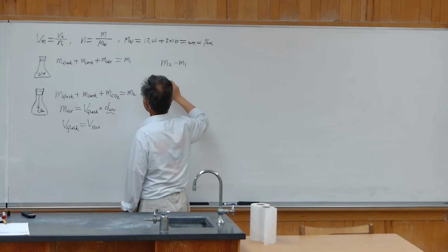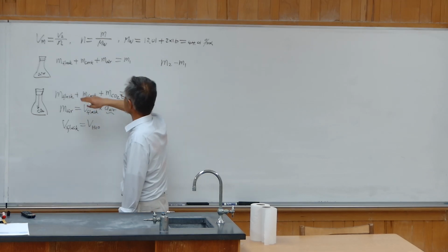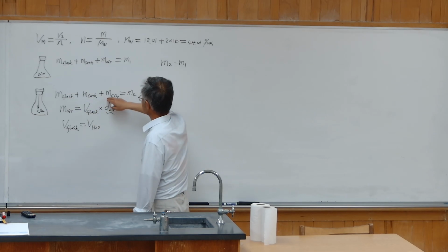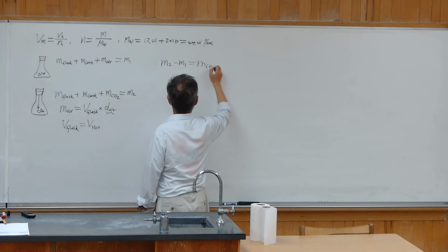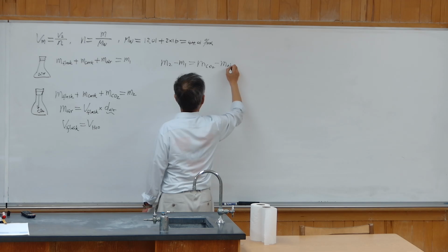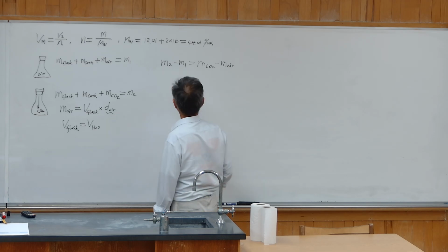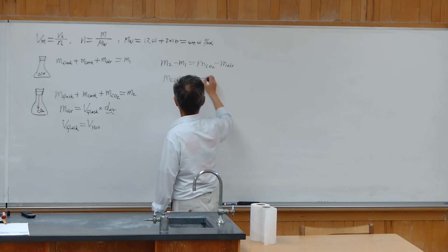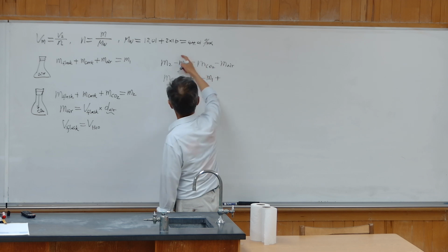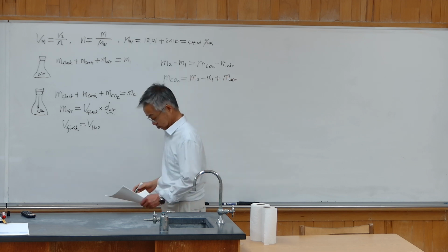Then from these two, you find M2 minus M1: flask cancelled, cork cancelled. So M2 minus M1 becomes M carbon dioxide minus M air, right? And M air is this. So you can calculate carbon dioxide mass as M2 minus M1 plus M air, so air mass.